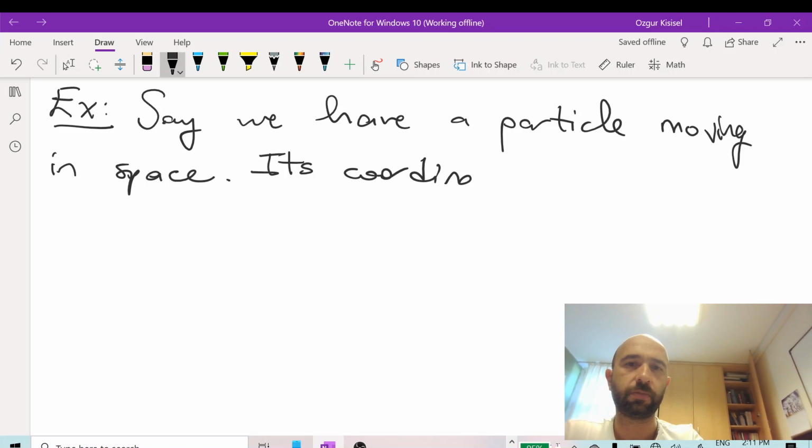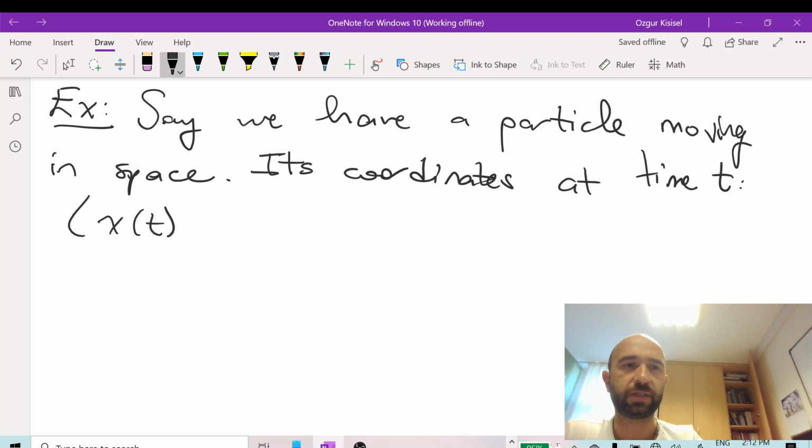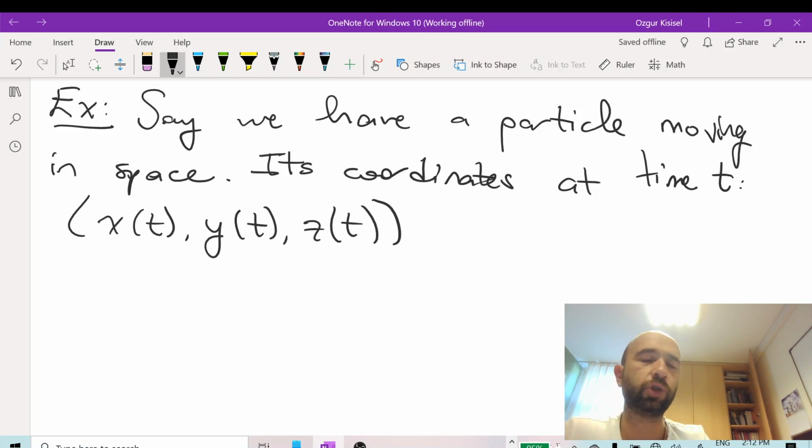I'll denote them by some letters. I need one letter for each coordinate: x(t), y(t), z(t). And if we think about each coordinate separately, these are functions of t. Now let's simplify the problem.